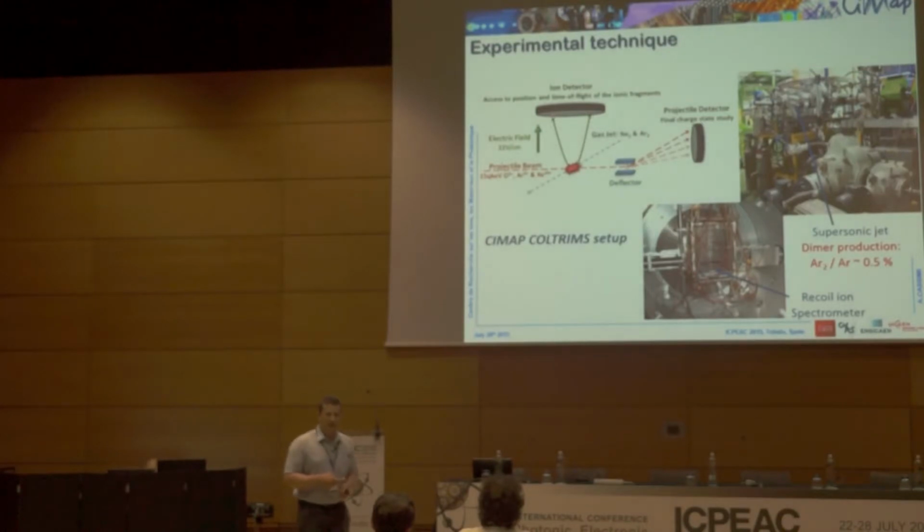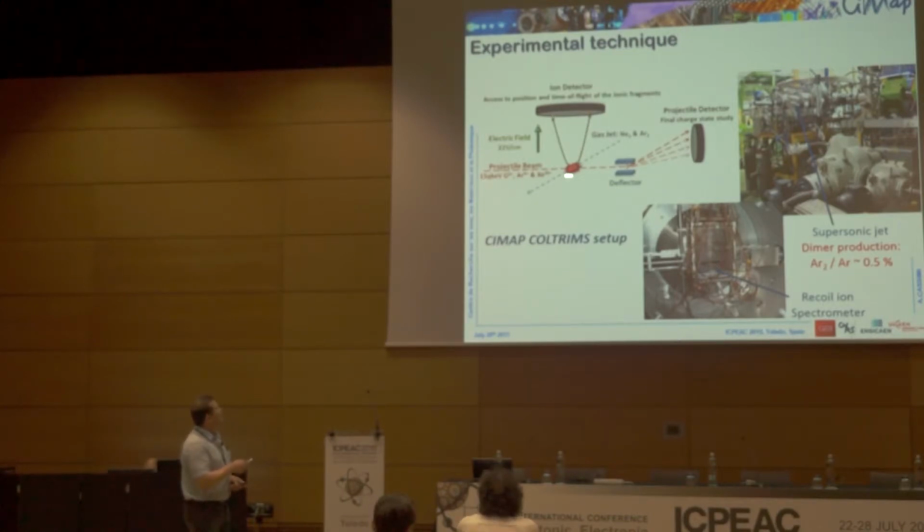How do we do that? We used three kinds of projectiles with different charges, from 3+ to 20+, all accelerated by a 15 kilovolt potential. This beam crosses the supersonic jet, which produces the dimers.